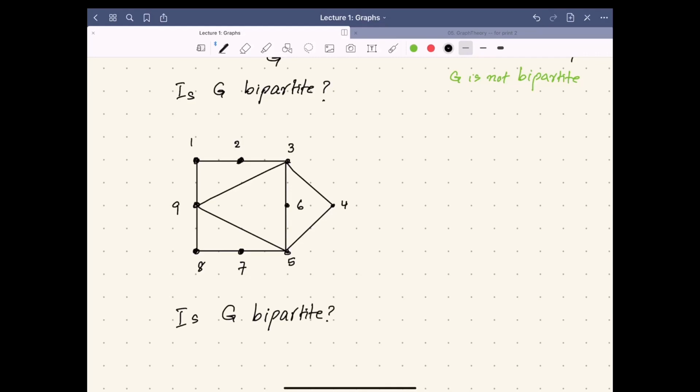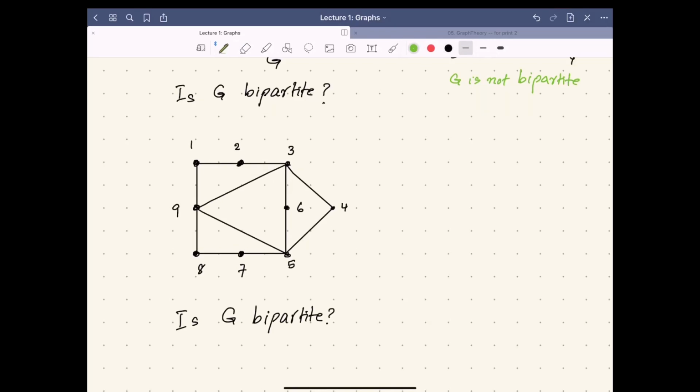So we can prove this by using coloring. I'm going to use two colors, green and red. I will start with vertex number 1. Now if this is green, 9 is adjacent, 2 is adjacent, so I expect that 8 is green and 3 also is green.